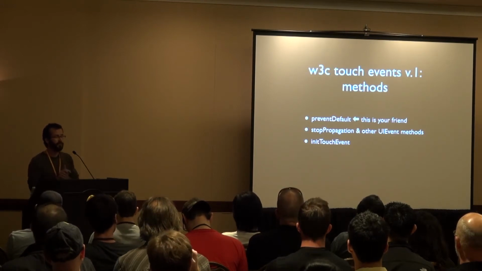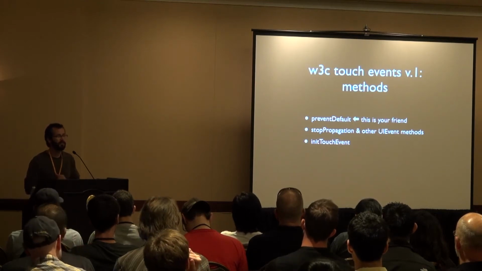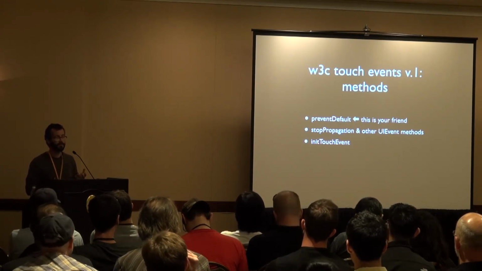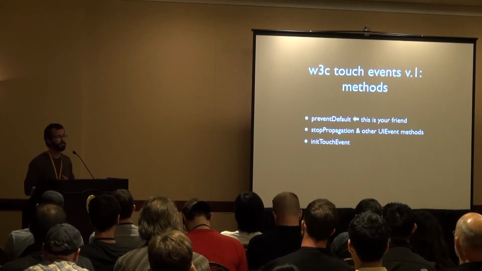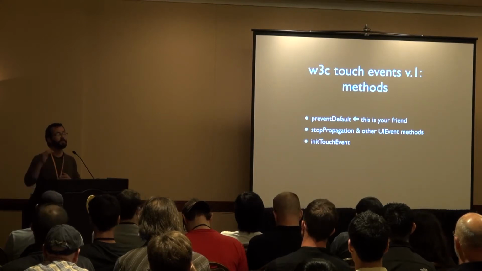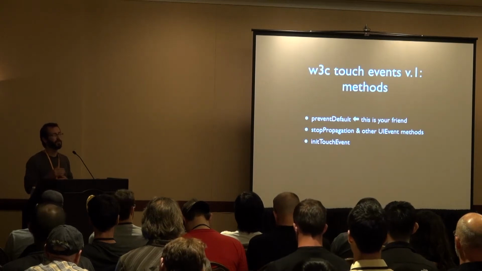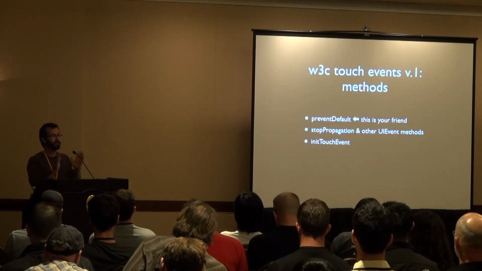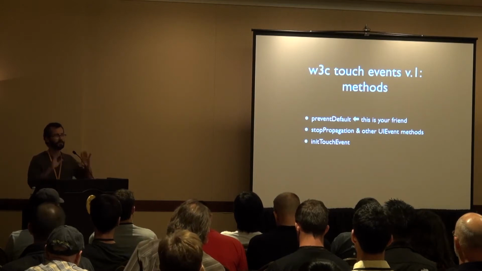The methods that we get are our standard ones from UI event again, things like prevent default and stop propagation. Prevent default is your friend in a big way, because if you call prevent default on the event object that comes into your event handler, you will be able to prevent the mouse events from firing. That's very useful when you want to divide your experience along whether the user is using touch or mouse, and I'm going to do different things.